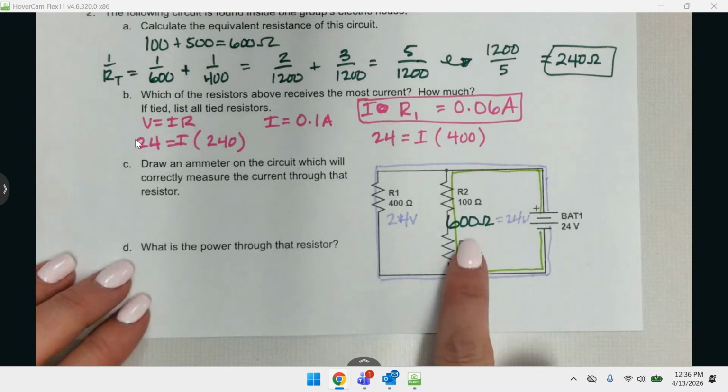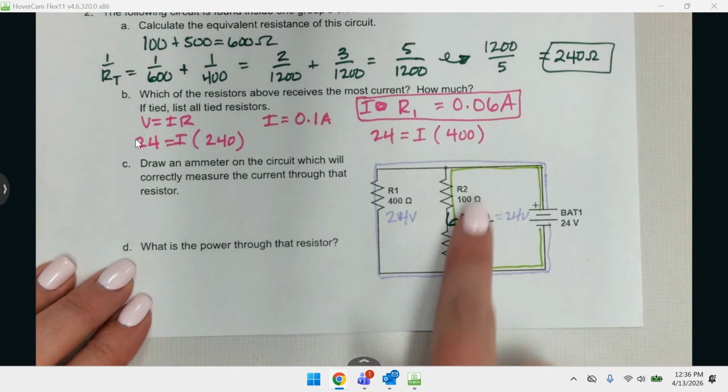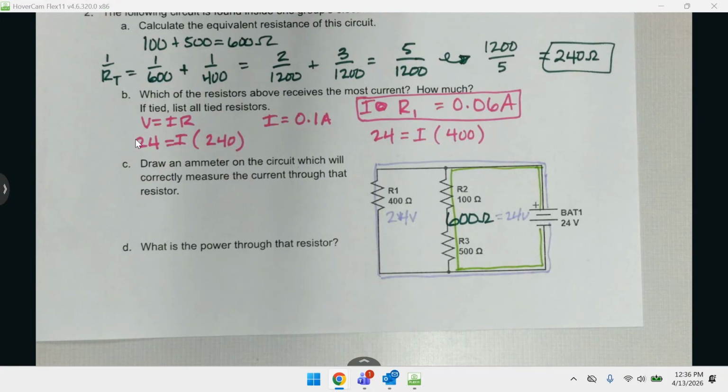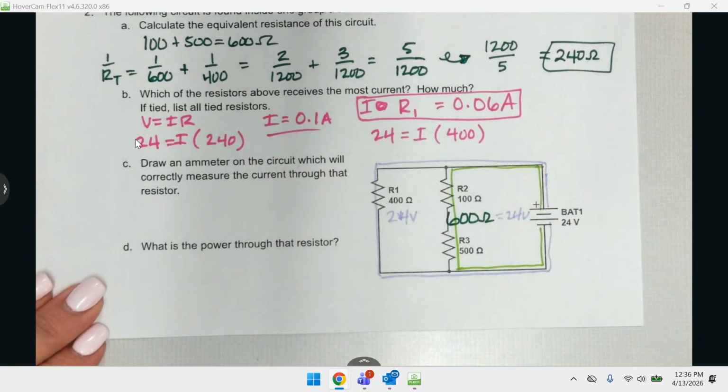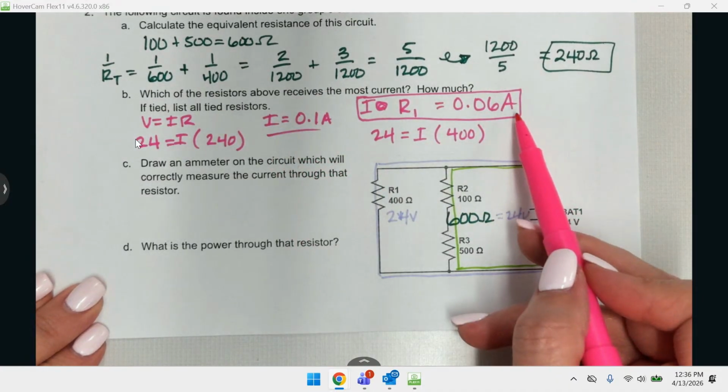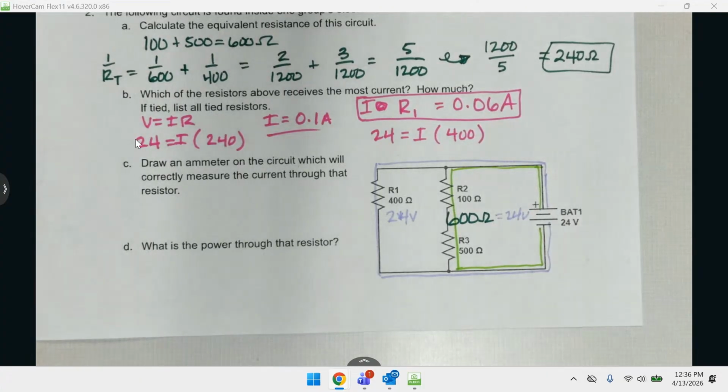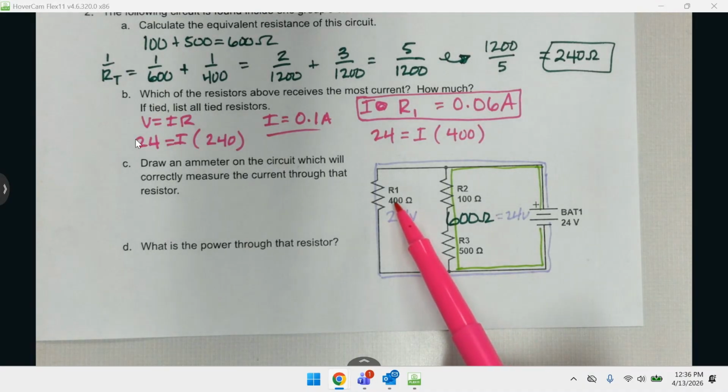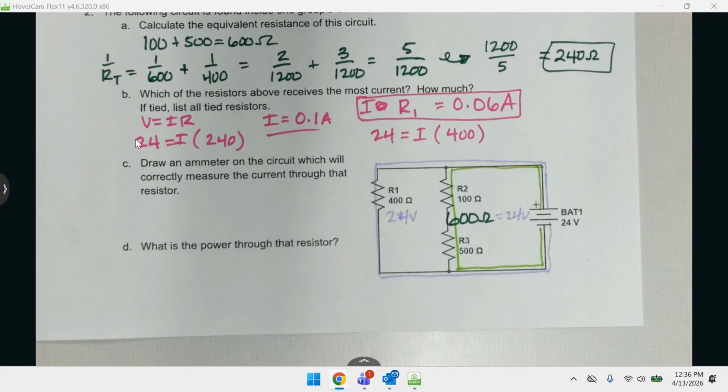Each of those would be 0.04. Again, 0.06 plus 0.04 gives me my 0.1. They'll add up to the total. But for this question, it's R1. You could also solve this with proportional reasoning if you prefer. Since you know the total resistance, 400 versus 600, you could split it according to that.